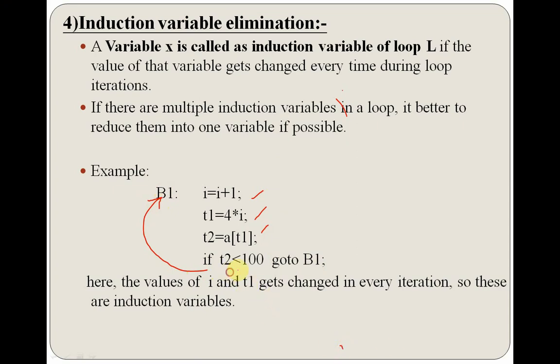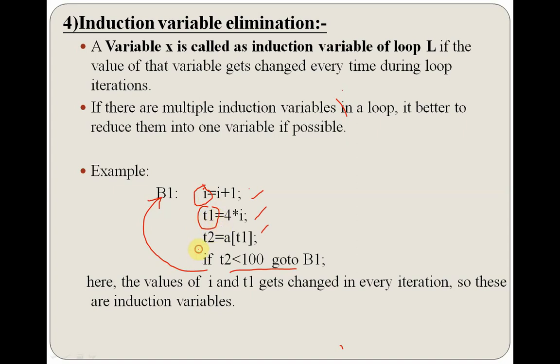If it's true, control goes to the block beginning. So here the I value is going to be changed in each iteration, and the t1 value is also going to be changed. So variable I and variable t1 are said to be induction variables.